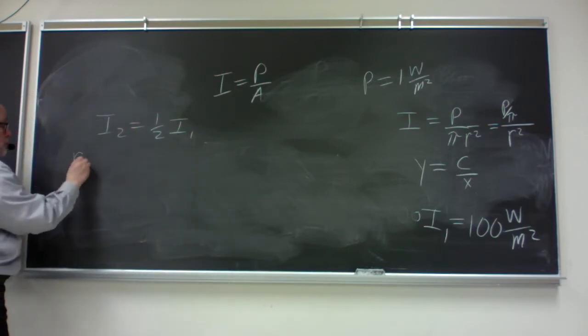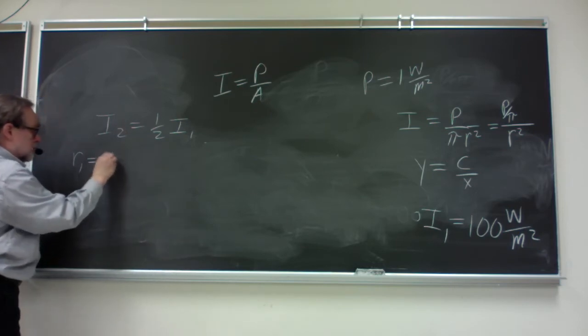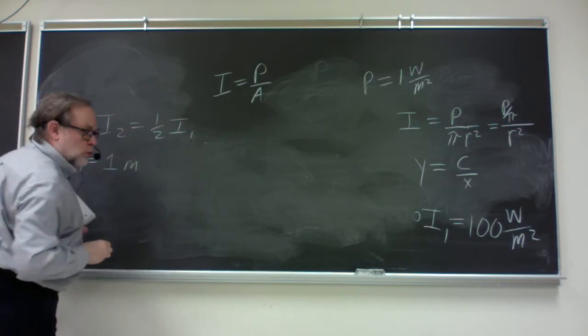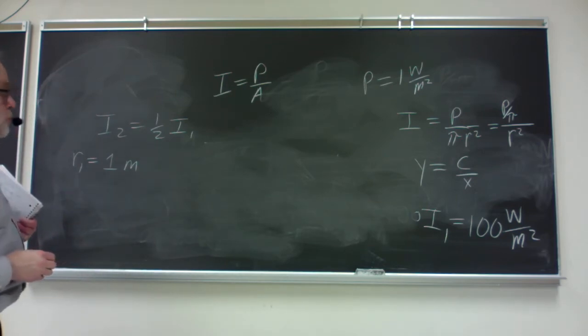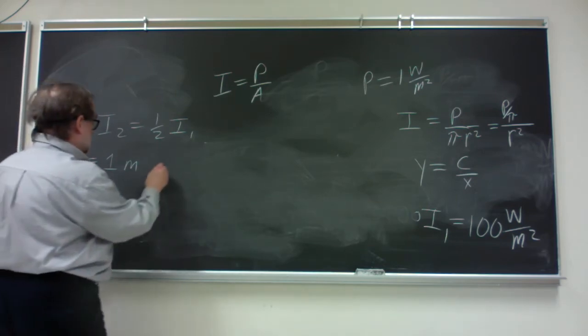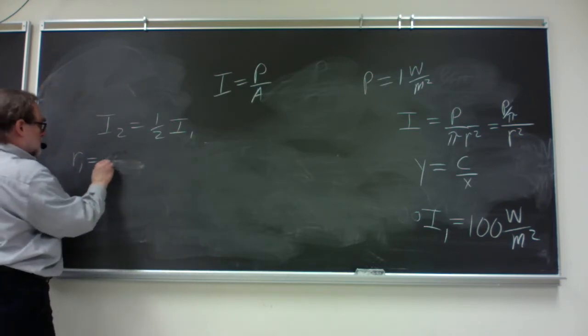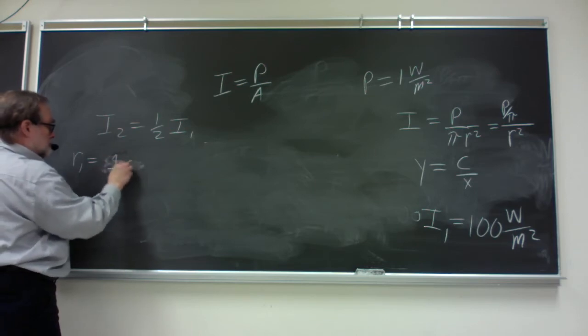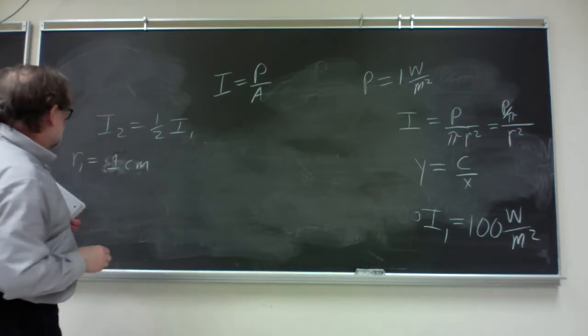And the old radius of the original spot was, again, let's say 1 meter. What's the radius of the new spot? Well, a meter's too big for a spot from a beam of light. Let's say 1 centimeter for the radius of the spot.